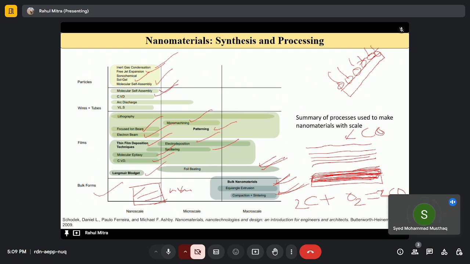If we compact it, these powder particles will consolidate and form something like a nanocrystalline material. That's how the compaction and sintering process comes under the bulk form. So micro machining, electrodeposition, and sputtering can be done at the micro scale. These all processes come under the nanoscale.